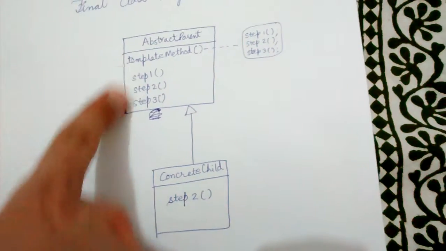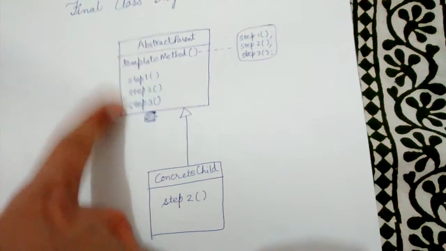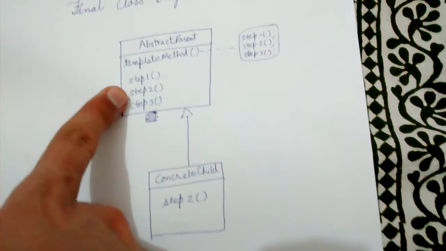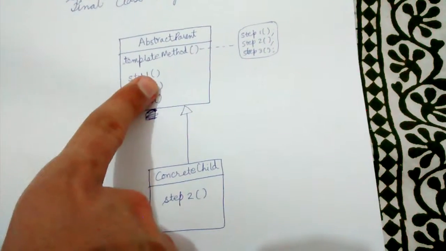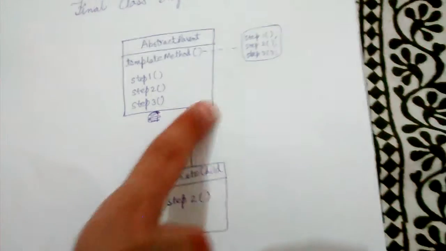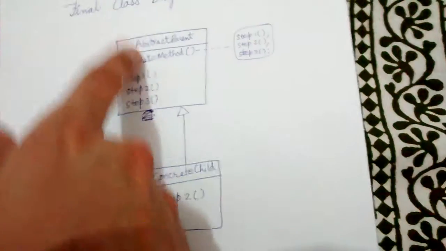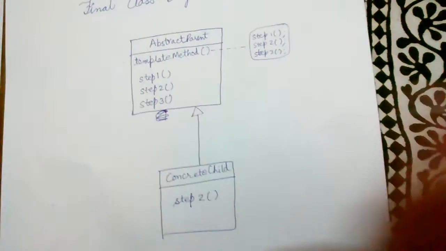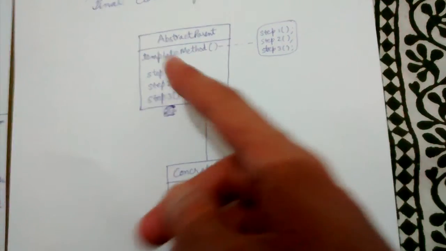Let's say step 1 and step 3 are implemented in this abstract parent class only, but step 2 is left for the children to implement. So this concrete child is implementing this step 2.